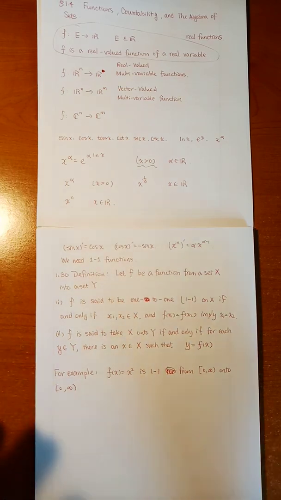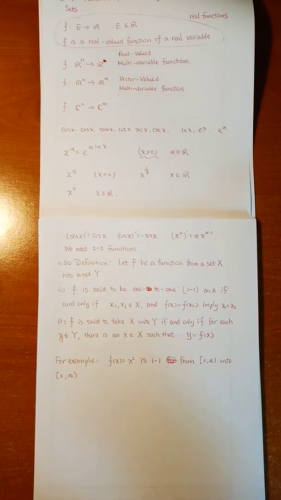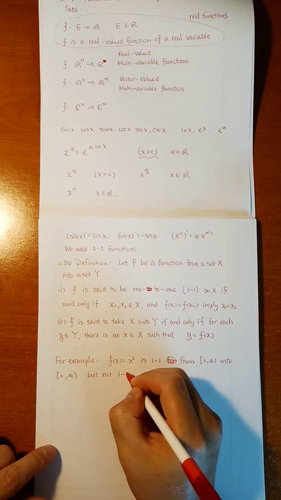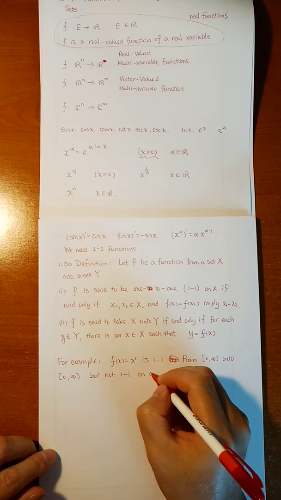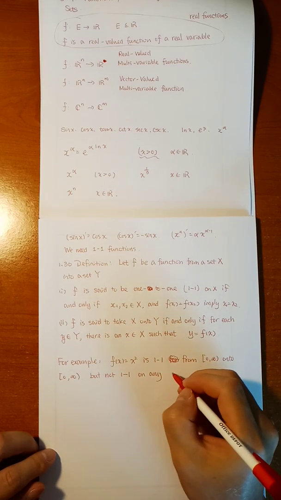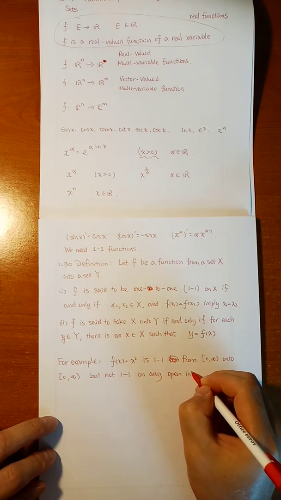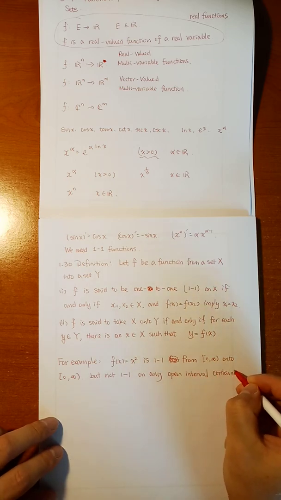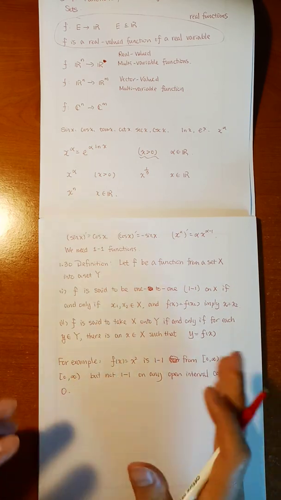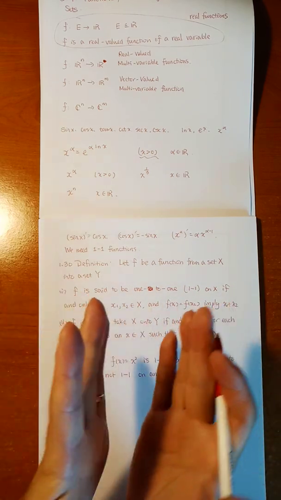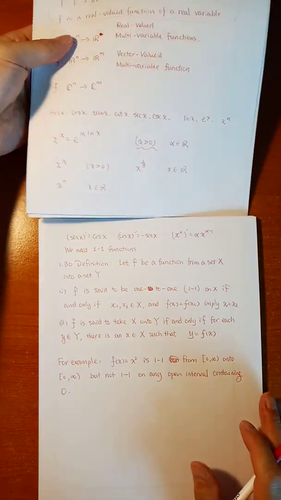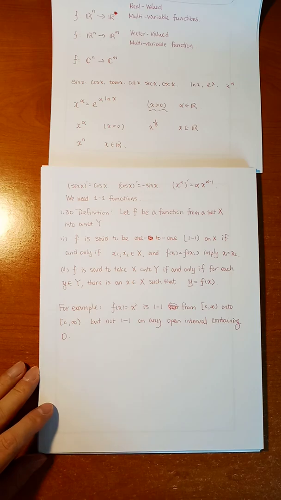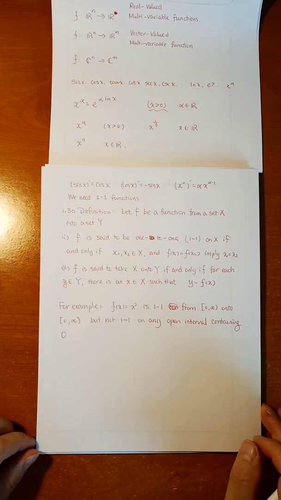Okay, it's one-to-one and onto, but it is not one-to-one on any open interval containing 0. Whenever it contains 0, you will have a positive and a negative. When you have positive and negative, you may have the same value for different input, right? So it's not one-to-one.